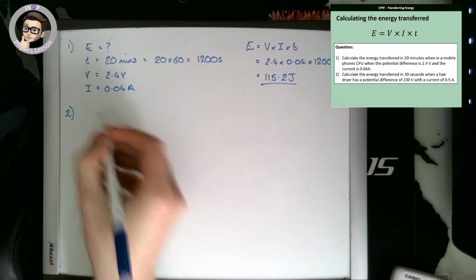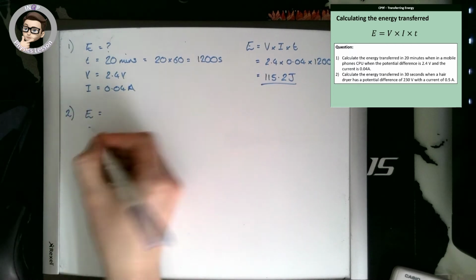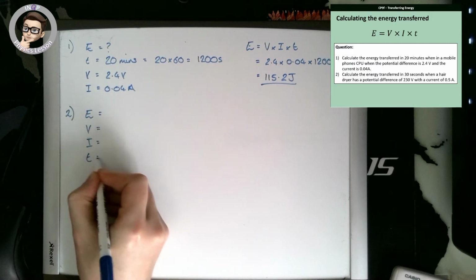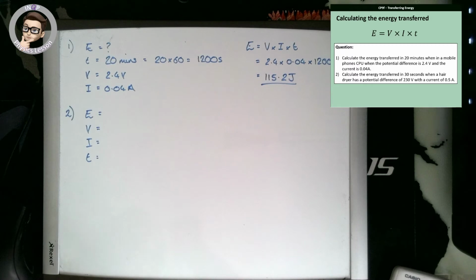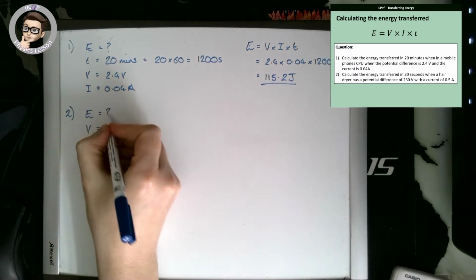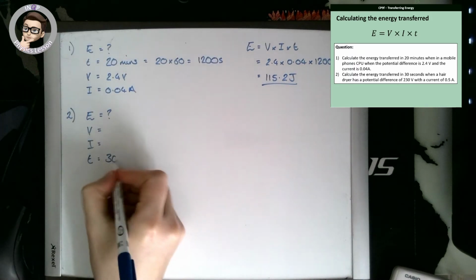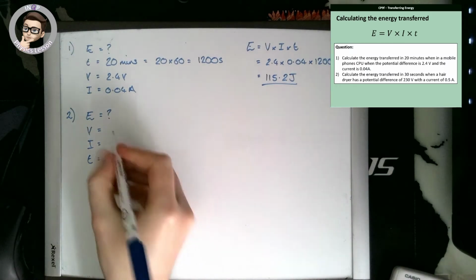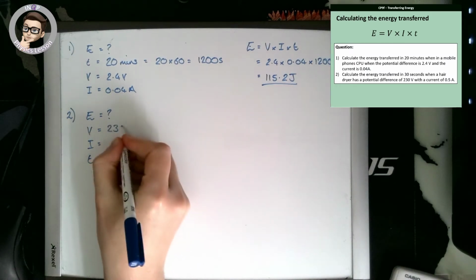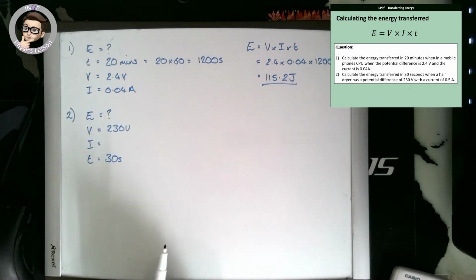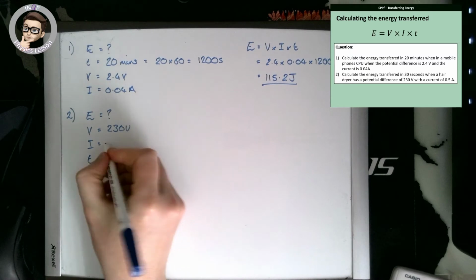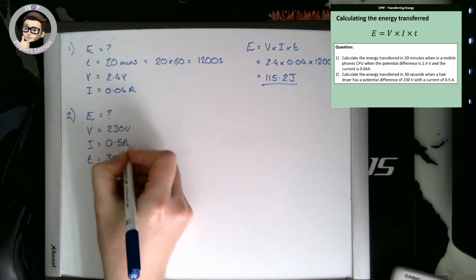So number 2, let's again do the same. E, V, I, and T. We'll do it in that order this time. So energy transferred in 30 seconds. We don't know the energy, but we do know the time, 30 seconds. When a hairdryer has a potential difference of 230 volts, this is an important amount of potential difference because that's mains potential difference, and a current of 0.5 amperes.